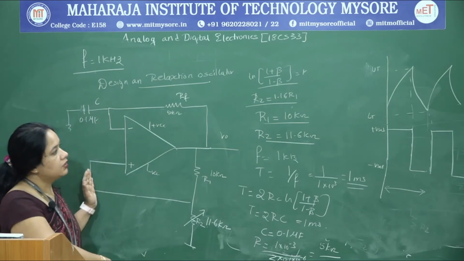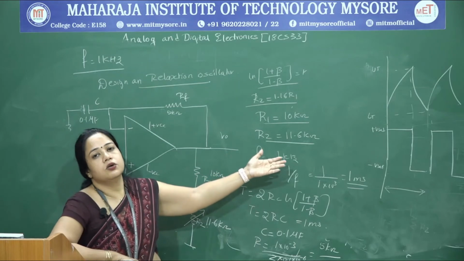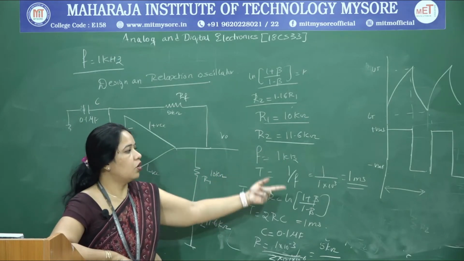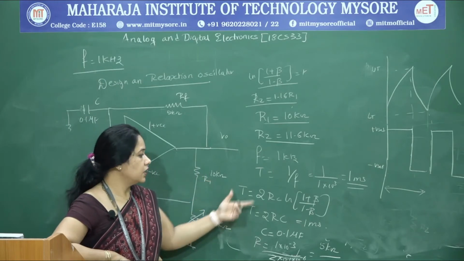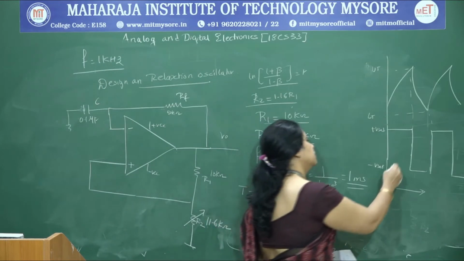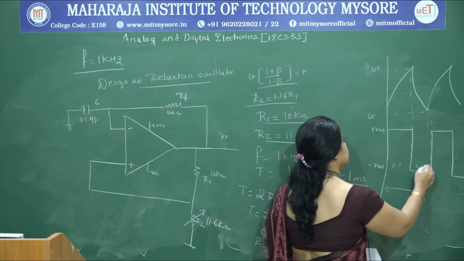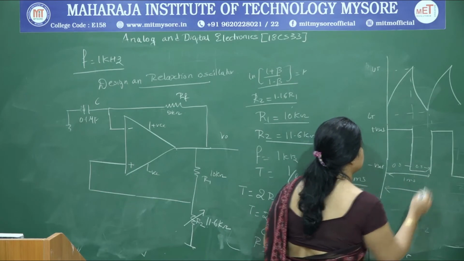So, you end up getting a relaxation oscillator which generates output oscillations of frequency 1 kilohertz and time period equal to 1 millisecond. This half is going to be 0.5, this is going to be 0.5, total time period is 1 millisecond.